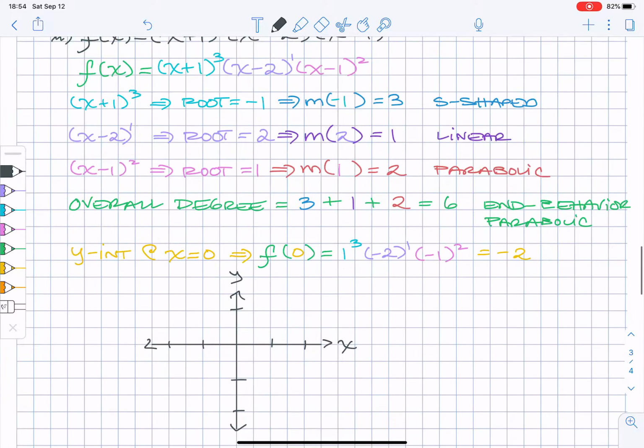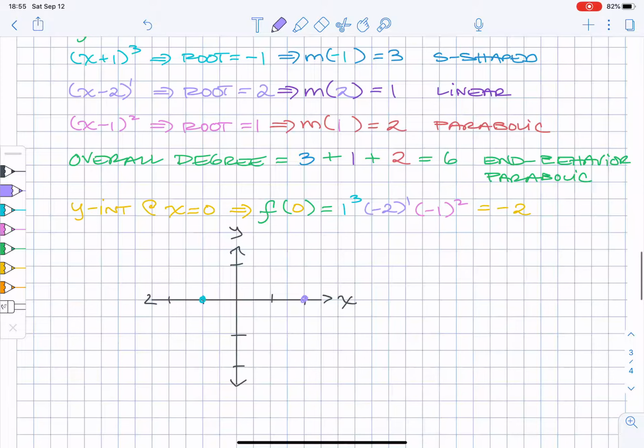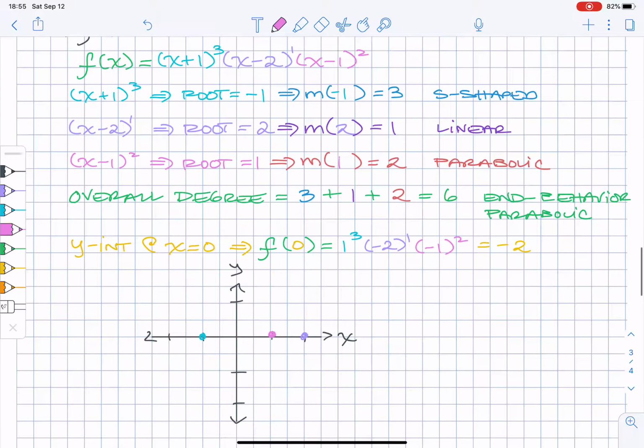First I have a root at negative 1, and that's blue. Then I have a root at positive 2, and that's purple. Then I have a root at 1, and that's pink. Did I do that right? Okay, hopefully I did that right.